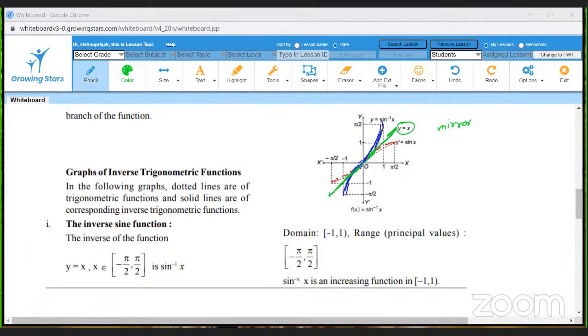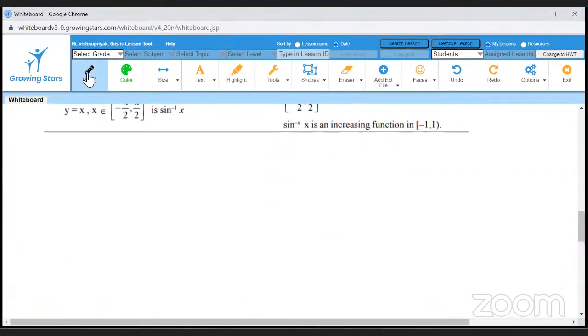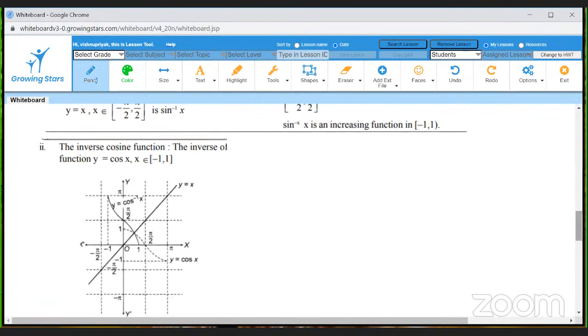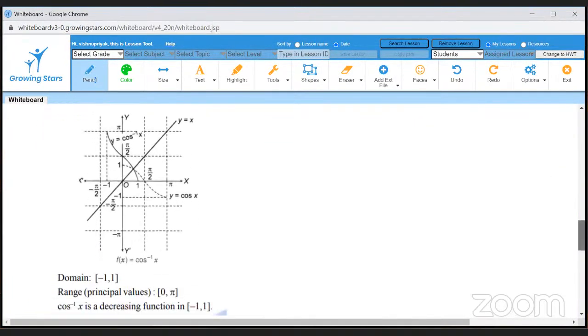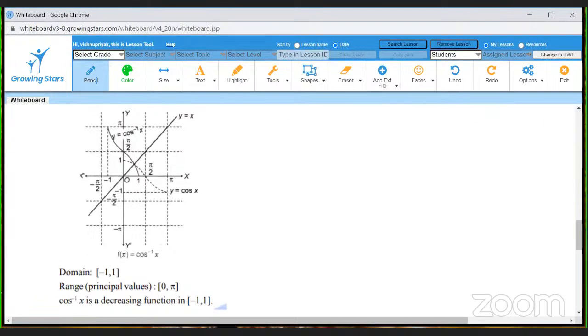Similarly, for cos inverse x, you just have to learn this. I have given you the graph for cos inverse, domain, range, principal values. Your work is just to learn and read.